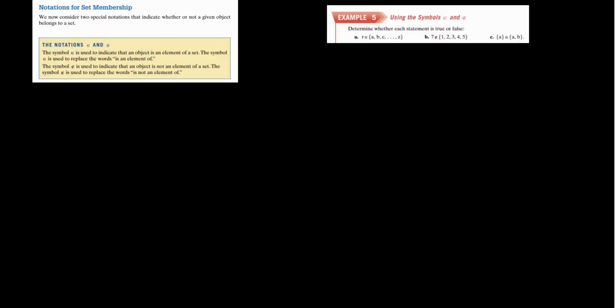So the notations for set membership. We're going to introduce another notation here. We now consider two special notations that indicate whether or not a given object belongs to a set. The way you write them, they're kind of small. I'm sorry, maybe I can make them a little bit larger.